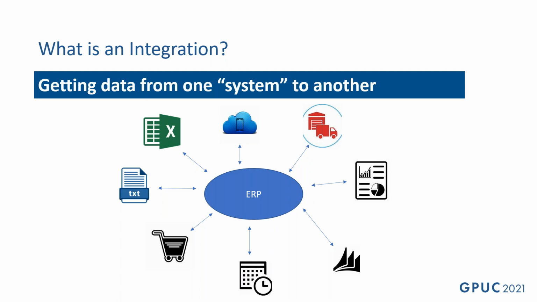And some of my fancy icons that I threw on here: an online shopping solution, right? We maybe have a catalog on an online store, we're doing sales there. We need to bring that information into our ERP in order to capture that sale. So again, different ways we want to move information between systems. I also listed Excel as a system.